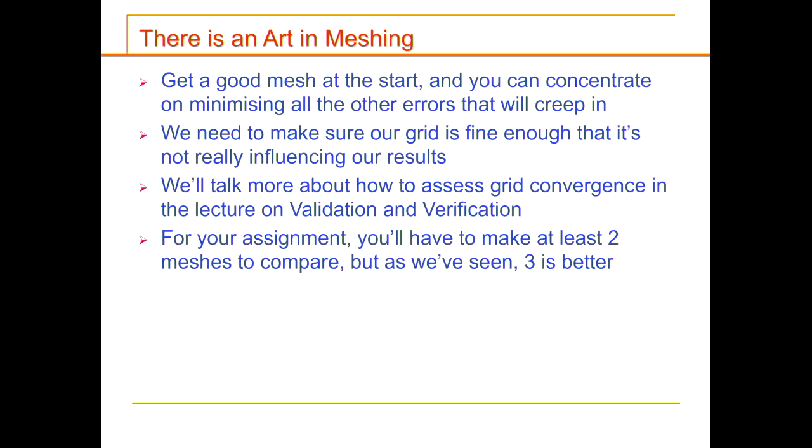So that means that you achieve a mesh independent solution, which is important. So basically for your assignment, at least for the group project, you need to have 2 meshes to compare, preferably 3. So we usually denote it as coarse, medium, fine. What it means is that the more you resolve your problem, especially when your fine mesh comes, the solution from the medium mesh is not much different from the fine mesh. So that means you achieve mesh-independent solutions, which is important.